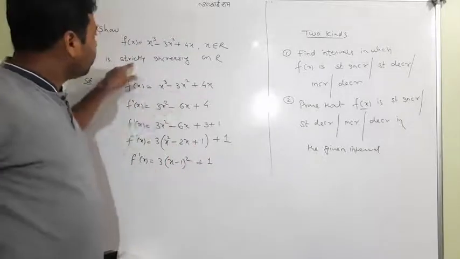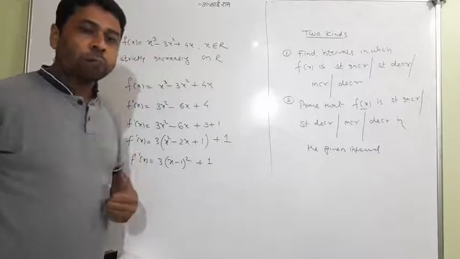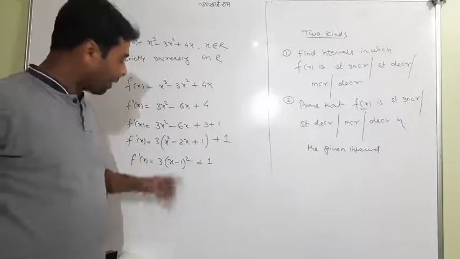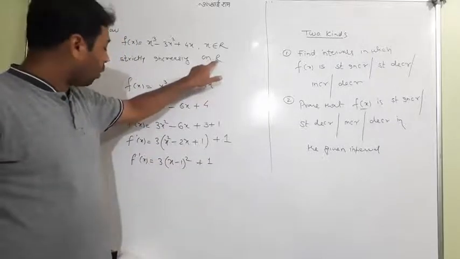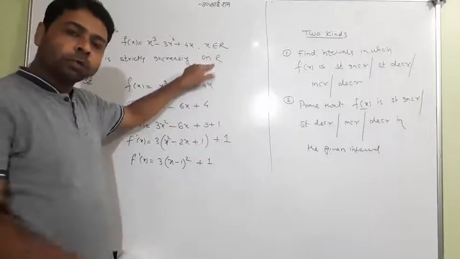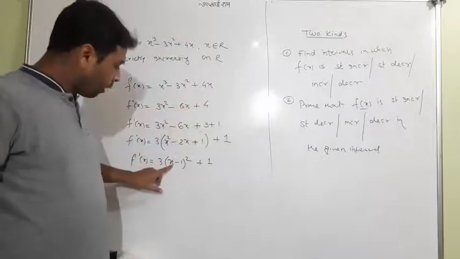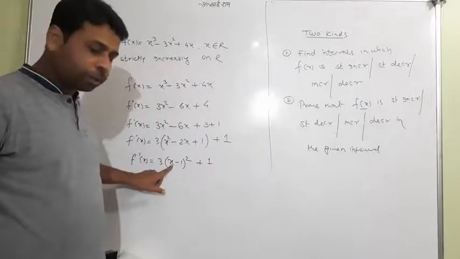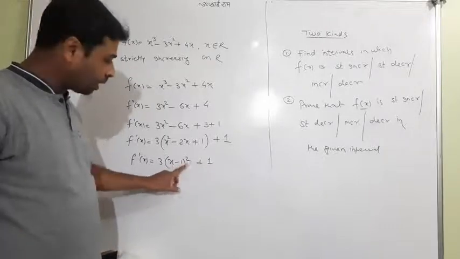Now what to show is strictly increasing, and I recently taught you that a function is strictly increasing when f dash x is positive. So I want to ask one thing: for the set of real numbers, meaning all negative numbers, all positive numbers, even 0, when you put them here, what do you conclude? This is a whole square. When x is any negative number, the answer is still positive.